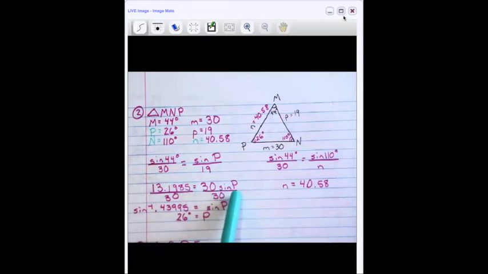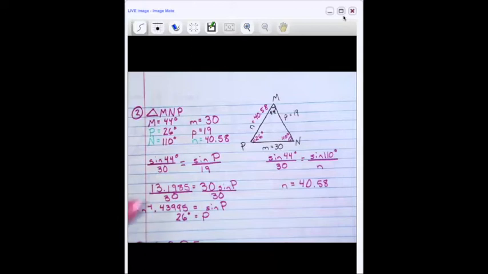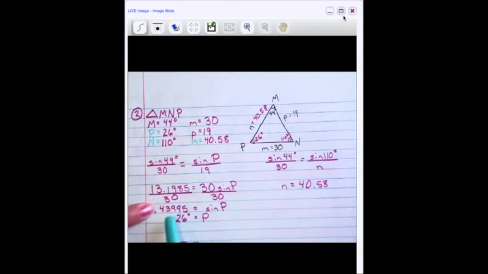Now I need to isolate the sine of p so I can finish this up. So I need to divide both sides by 30, which I did. And what I get is 0.43995 is equal to the sine of p. Now the opposite of sine, we call it arc sine.